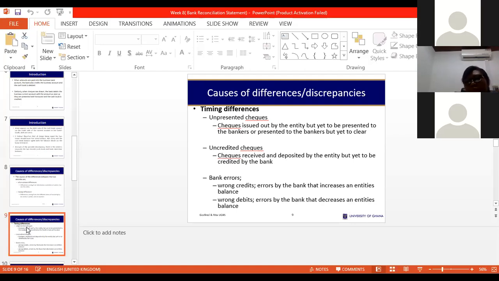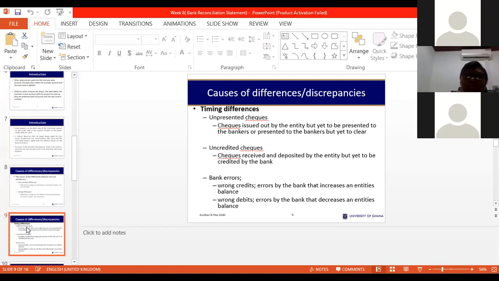If Susie goes to pay in the check tomorrow at 3:30 or 4:30, that check cannot go through to EcoBank for them to pay before they send the information to Susie's bank at GCB.